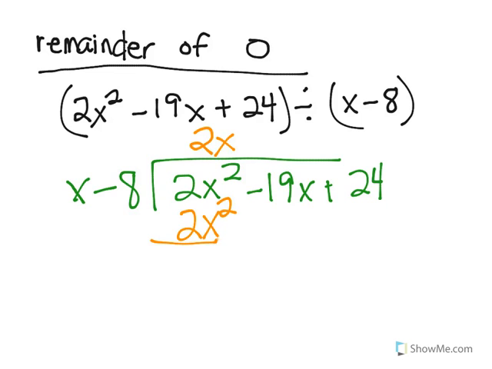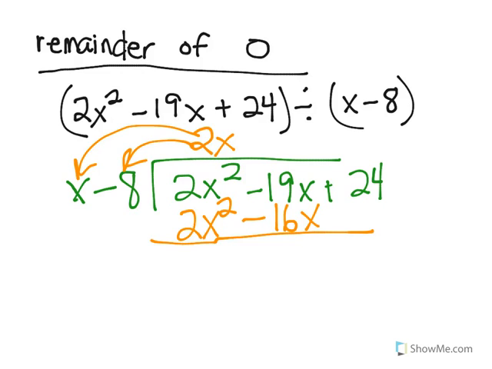We write that underneath. We subtract. I first have to multiply by the minus 8. So first we multiply by the x, then by minus 8. 2x times minus 8 is minus 16x.